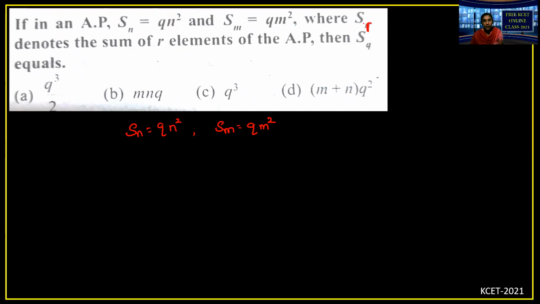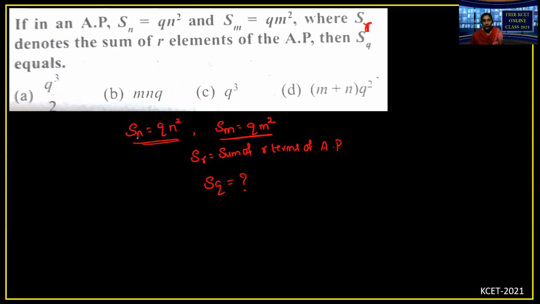Sr denotes the sum of R terms of an AP. Then I want to calculate Sq is equal to what? Here observe the sequence. Sn is given by Q into n square. Sm is given by Q into m square.